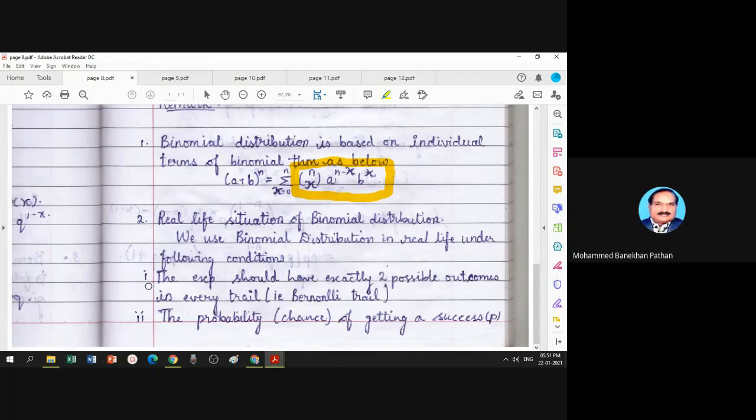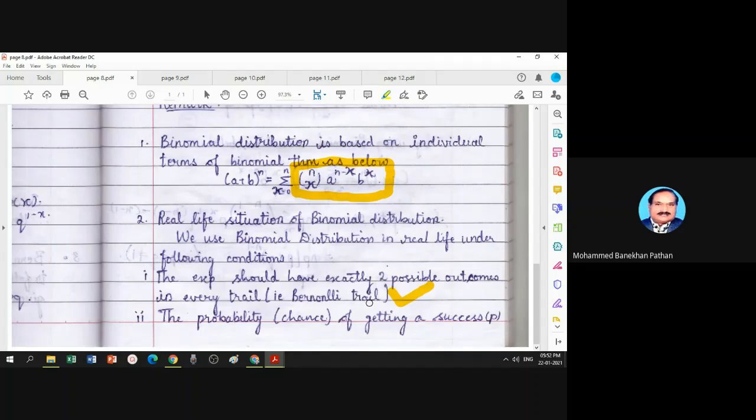Condition number one, the experiment (EXPT, short form of experiment) should have exactly two possible outcomes in every trial. That means if you want to apply binomial distribution, your experiment should be a Bernoulli trial.